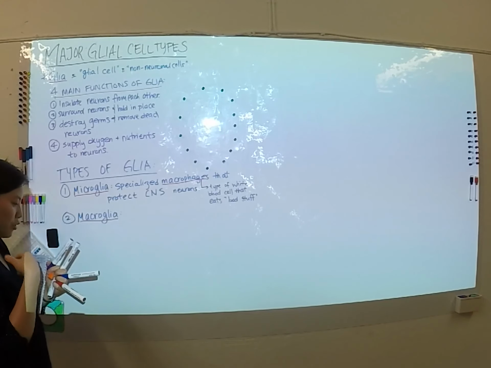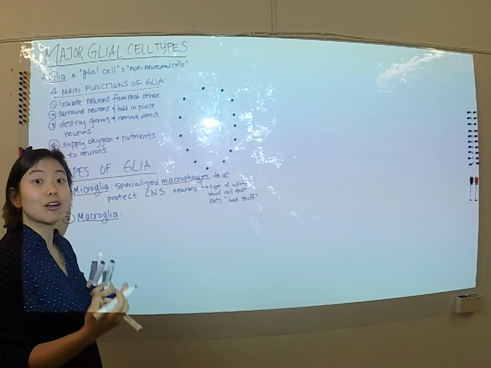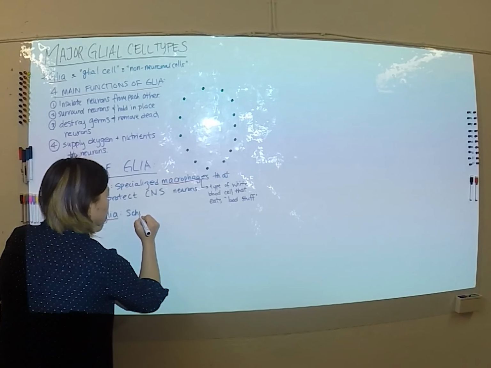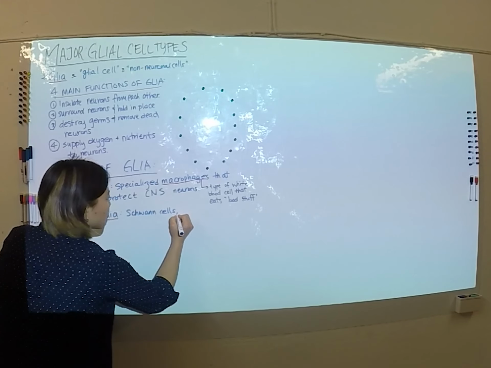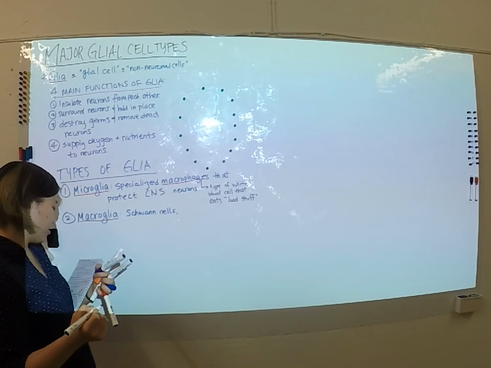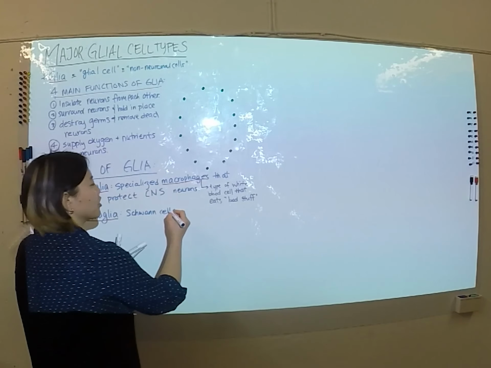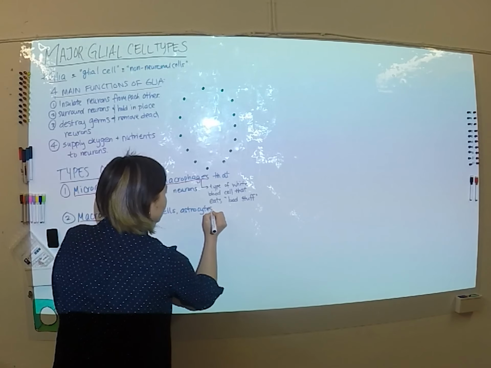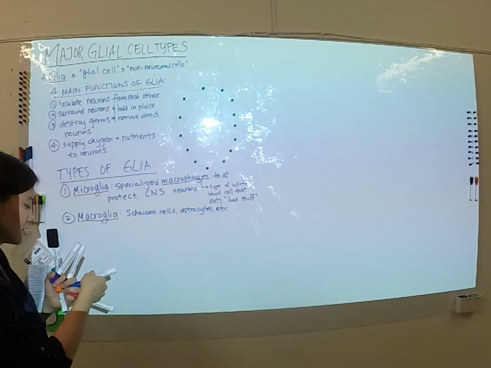So these are going to be most of the glia that I'm going to talk about today that we're going to draw. So far we've learned about Schwann cells. There are also macroglia that we haven't mentioned yet, also called astrocytes, etc. So we'll go more into this in just a second.